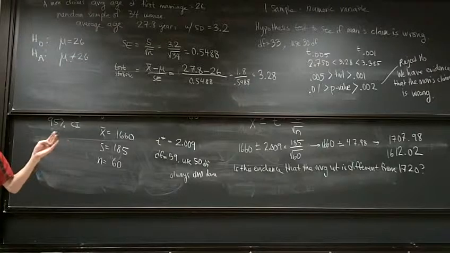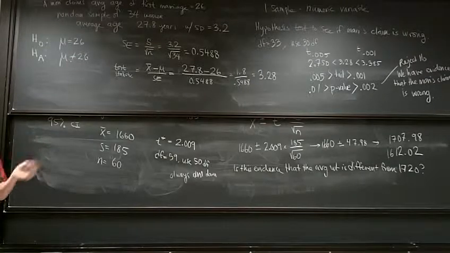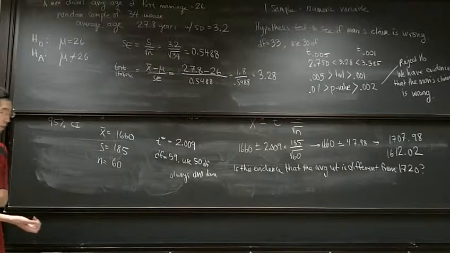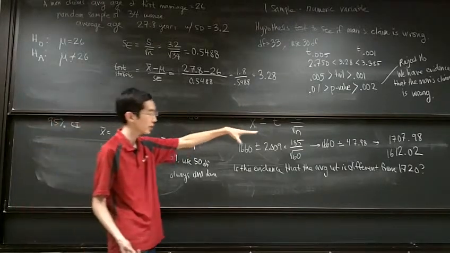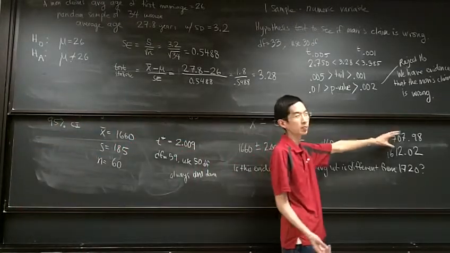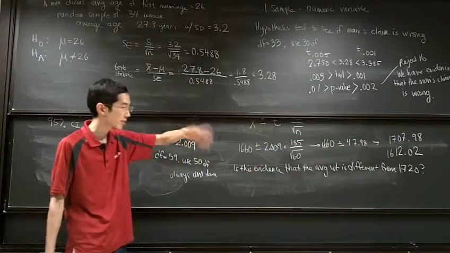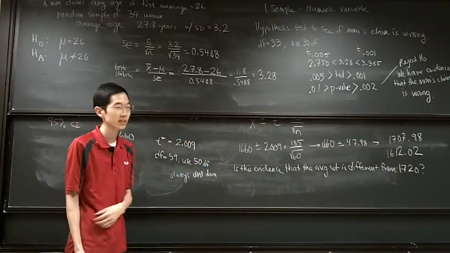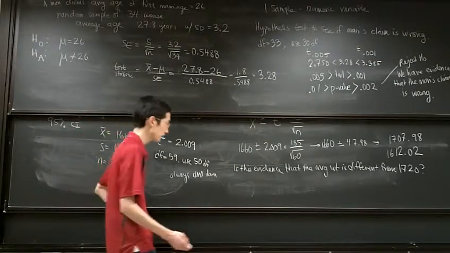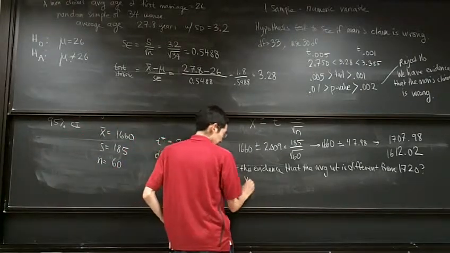So my confidence interval goes from 1612 to basically 1708. Is this evidence that the average weight is different from 1720? Yes, because 1720 is not in my interval. This is the range of plausible values. This is the interval of plausible values. 1720 is not in that range of plausible values, so we have evidence.